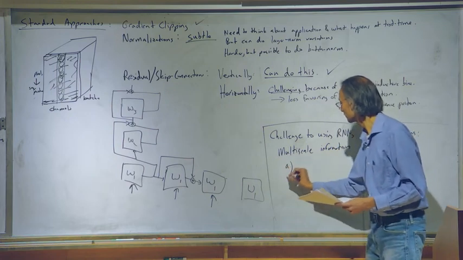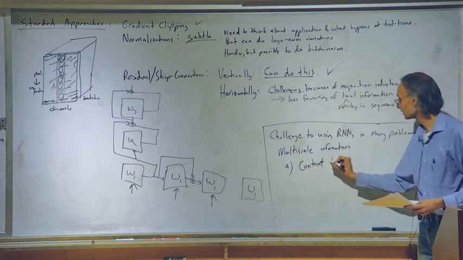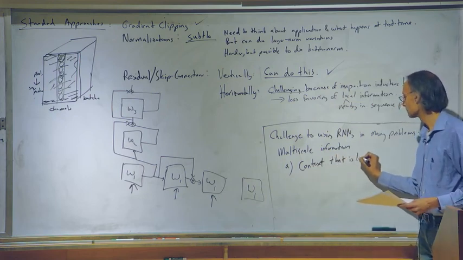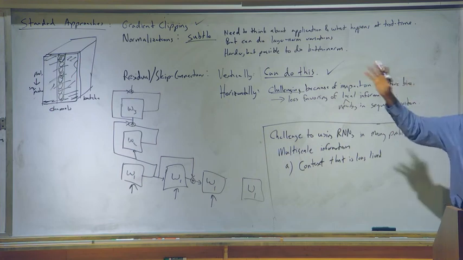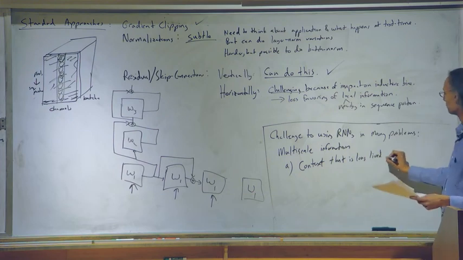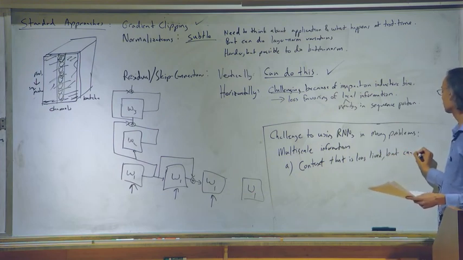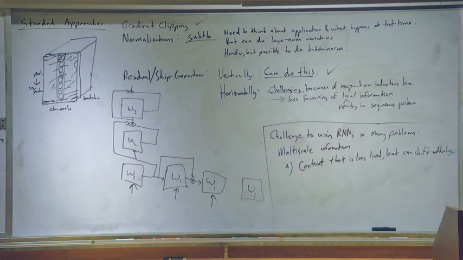We can have a context, I'll call it a context, that is long-lived in the sequence. Long-lived, I mean it lasts for a while in the sequence. But the problem is, it can be long-lived, but can shift suddenly. So an example in linguistic data is your sentence ended, another sentence began. So the context changed for understanding with local information, right? You're in a new sentence now.